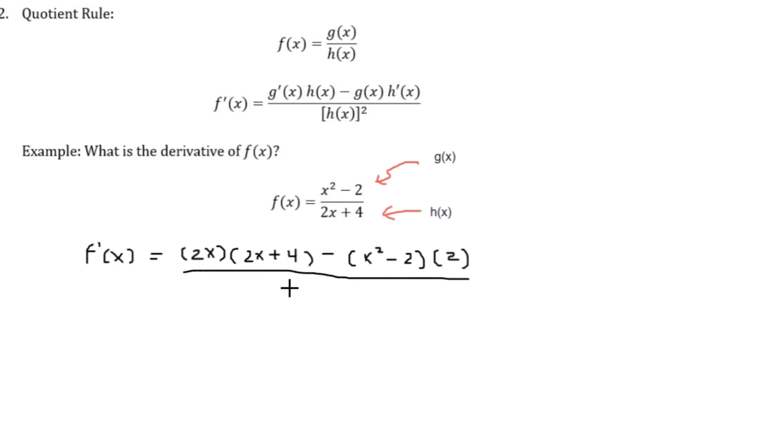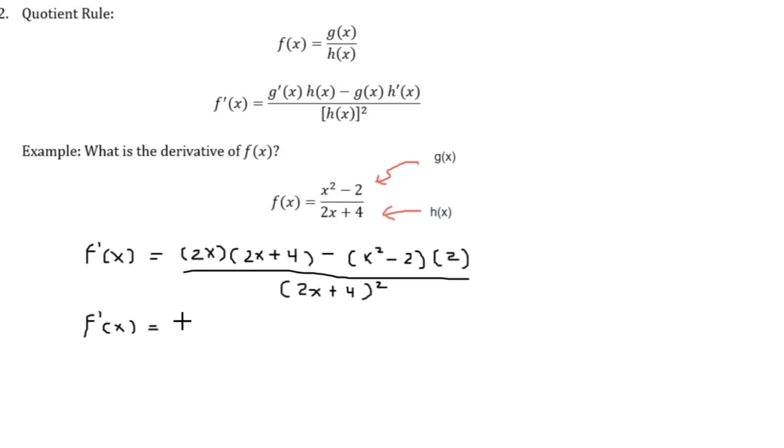And that's all over h of x squared. So let's put that in parentheses and square. Usually the bottom, we just leave it as it is. We don't want to mess with that unless it is obvious that we can cancel something out. But just for the sake of this quick example, we're going to leave it as it is.